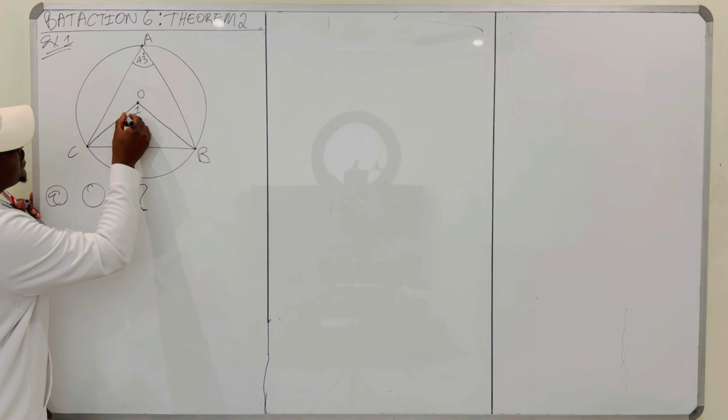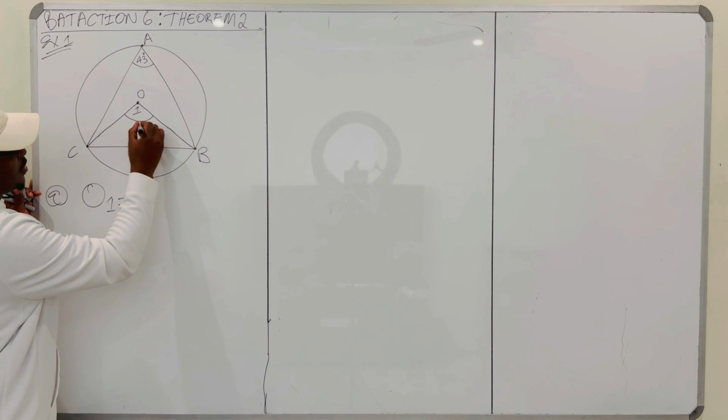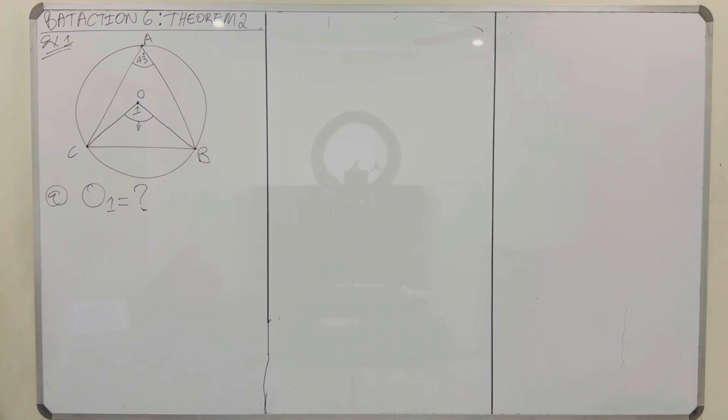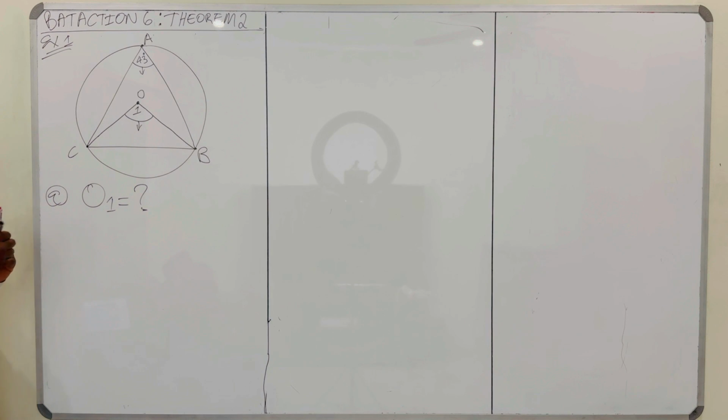O1 is this angle over here. Can you see it? Yes. Is it facing the minor arc or major arc? Minor arc. It's looking downwards, look. It's facing the minor arc, same as that one. So both of these are subtended by the minor arc or your chord, CB. Right? Yes. No problem.